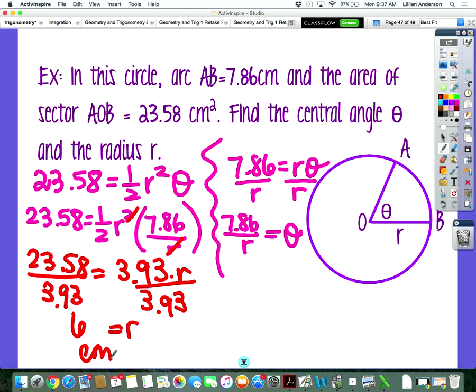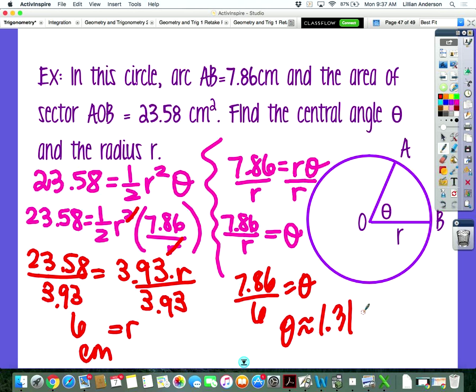So the radius for this particular situation is 6 centimeters. How do we find theta? Plug it back in to that equation that we have for theta, and 7.86 divided by 6 is 1.31, and that is, of course, in radians.